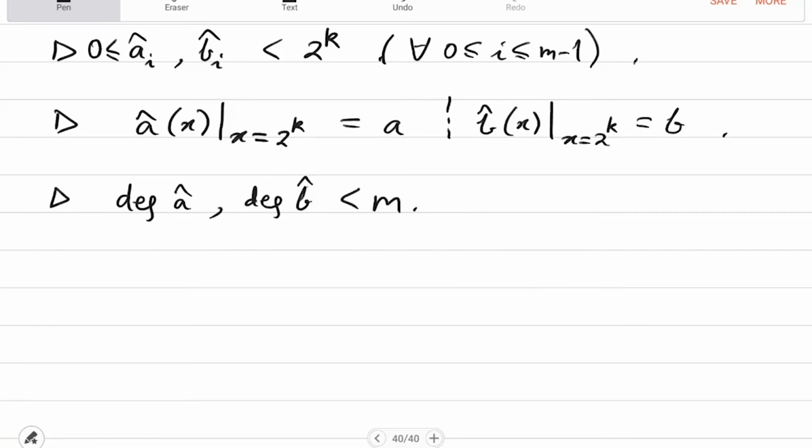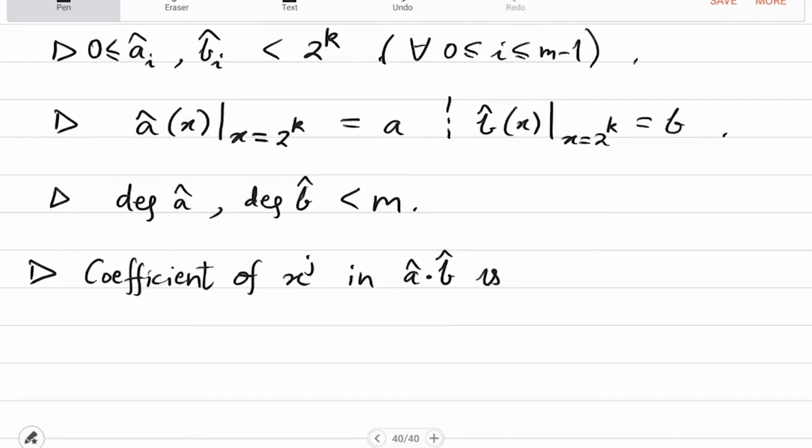So let us look at the coefficient in the product. Okay, so the coefficient of x to the j in a hat times b hat. What is that? That is the convolution. How many ways can you get j?